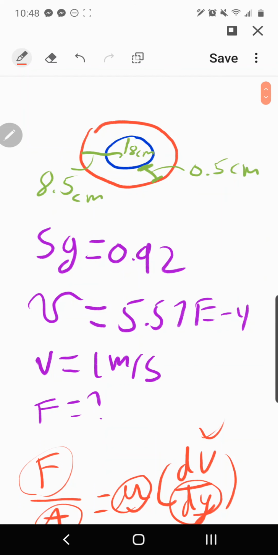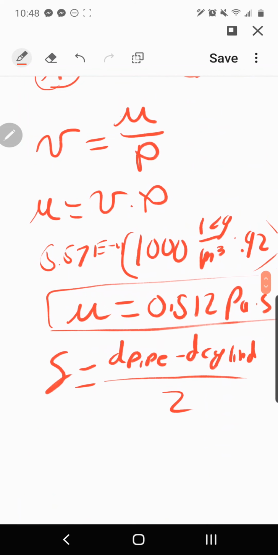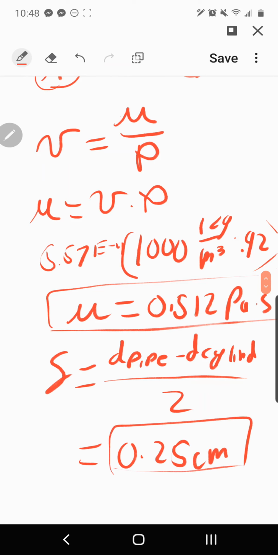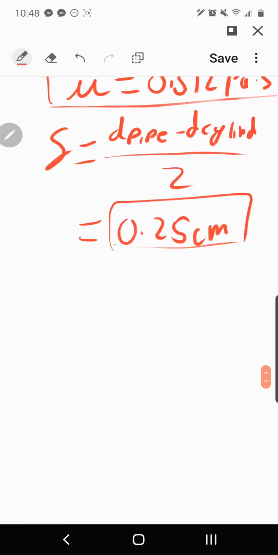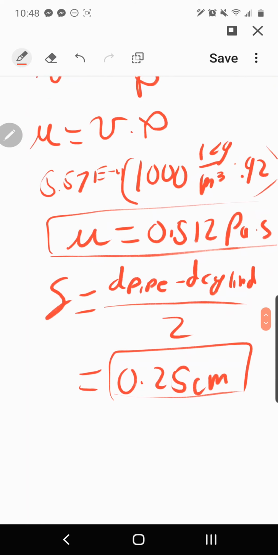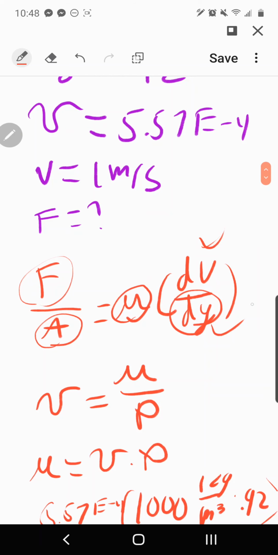So we got that here, correct? 0.5. Now we just take this and divide it by 2. It's going to be about 0.25 centimeters. All right, second piece of information has been gotten. Last piece of information we need, that's good, that's good.